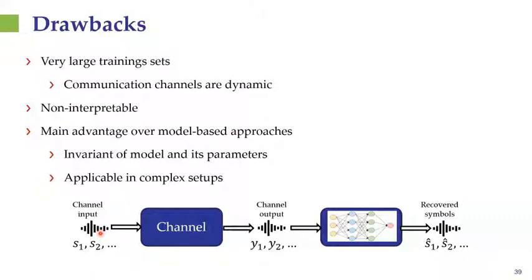It does not need to know its parameters, and it is also applicable in very complex setups. For example, in the work of Farsad and Goldsmith, they were able to apply their SBRNN-based symbol detector to very complex channels like molecular communication channels, and channels in which the input-output relationship cannot be expressed analytically, but is known to obey a finite memory structure.